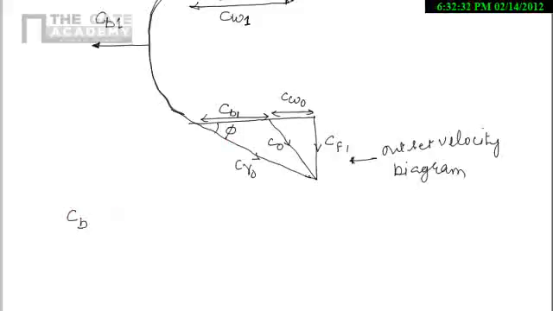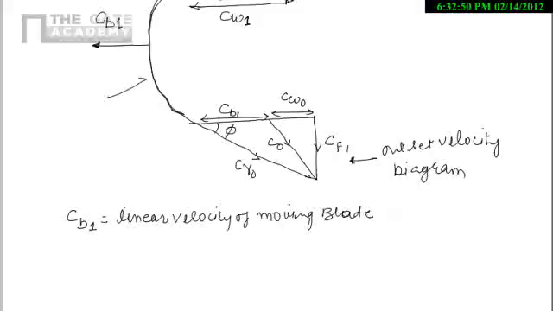I use the Cb1 here, that is nothing but linear velocity of moving blade. So this one is just linear velocity of moving blade.